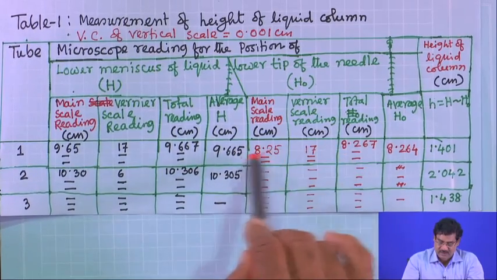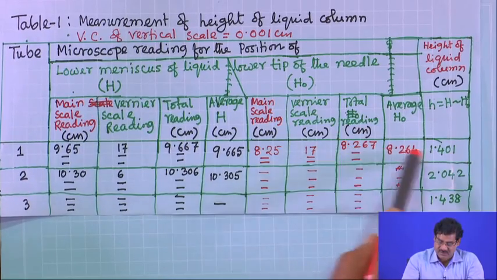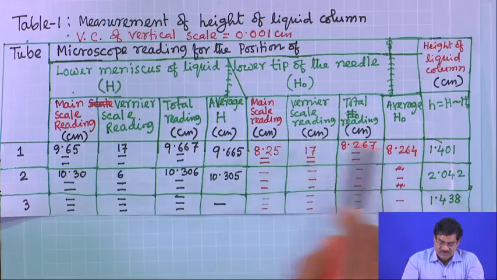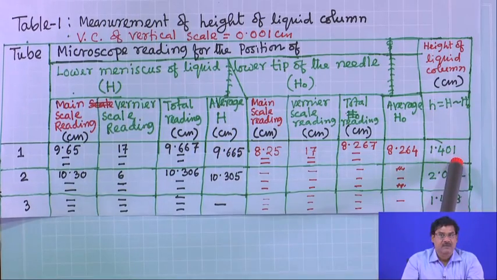Again take 3 readings and then take the average. The difference of these two averages is the height of the water H.